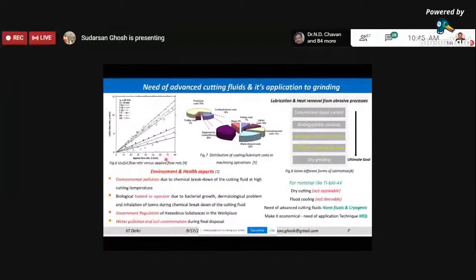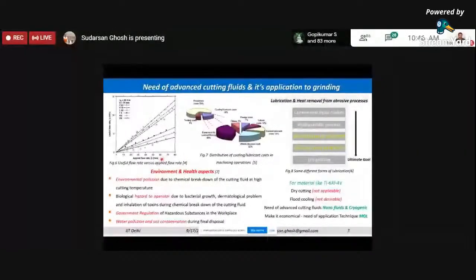There is a very interesting thing you can observe: researchers have found that the useful flow rate is much less compared to the applied flow rate of the metalworking fluids, which means that we are unnecessarily using a lot of cutting fluid during the machining or grinding process.